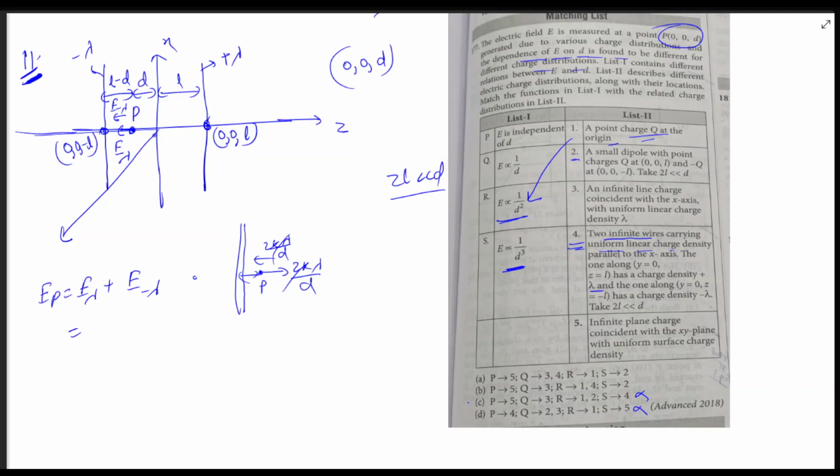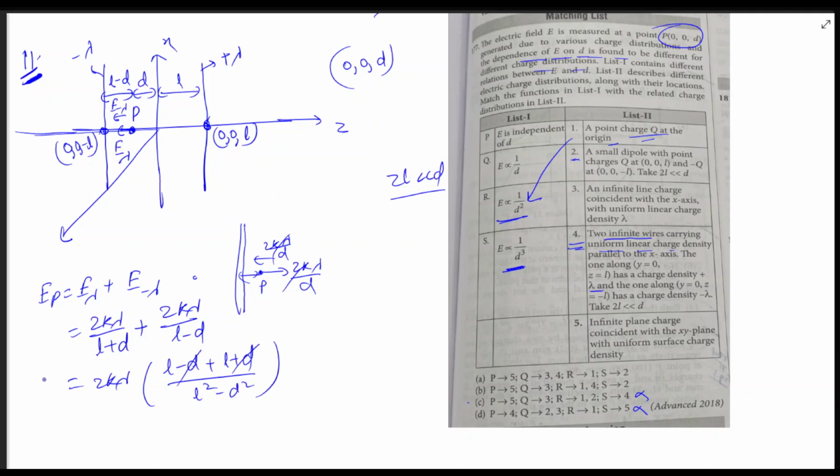So E due to lambda will be, this is L plus D, so 2k lambda by L plus D, plus 2k lambda by L minus D. So we can take 2k lambda as common. We'll get L minus D plus L plus D divided by L square minus D square.